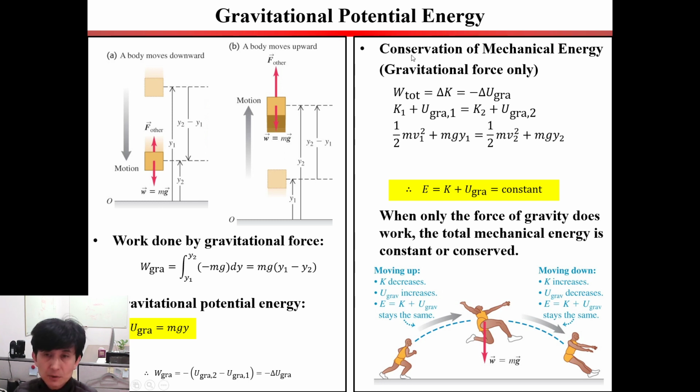There is a concept called the conservation of energy. In this case, mechanical energy and the potential energy. So for a system, the total energy of system 1, which is kinetic energy K1 plus the gravitational potential energy of system 1, should be equal to the kinetic energy K2 of system 2 plus the potential energy of system 2.